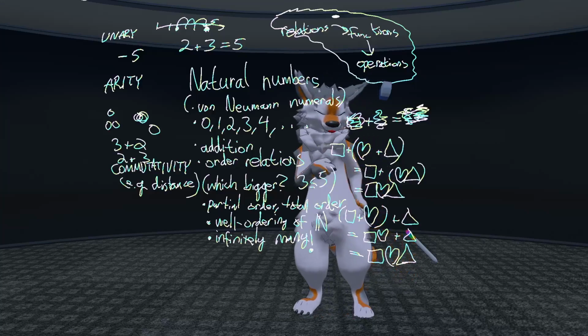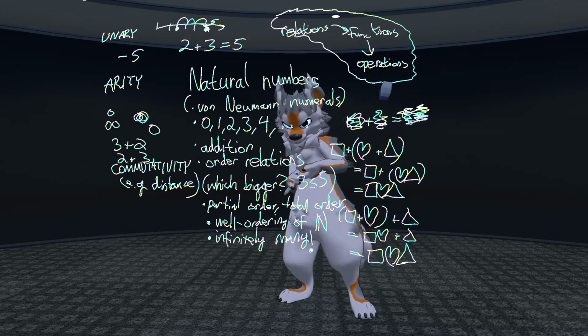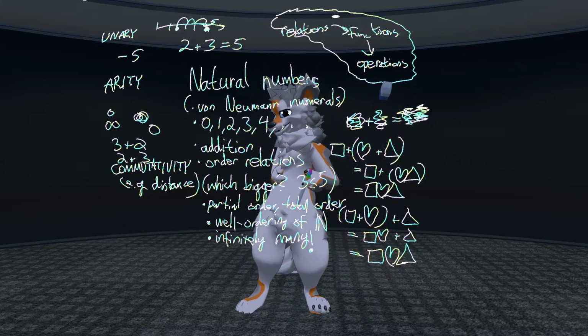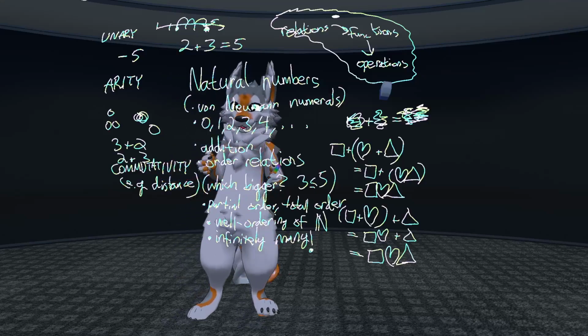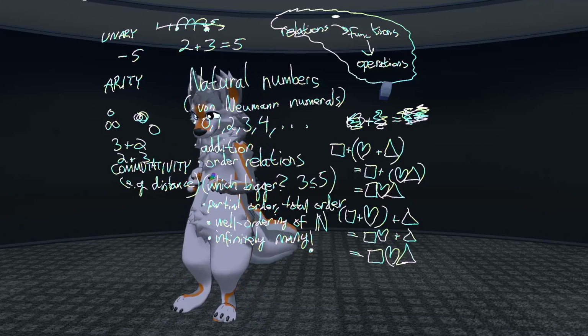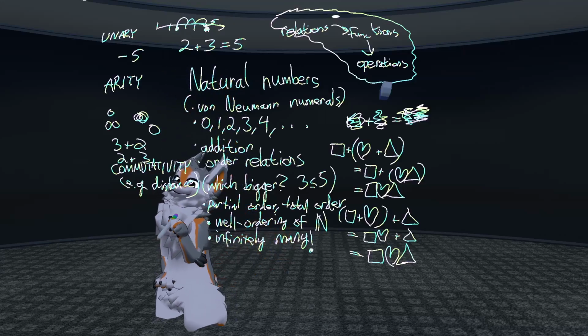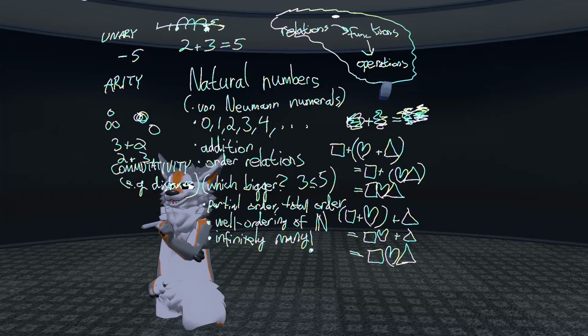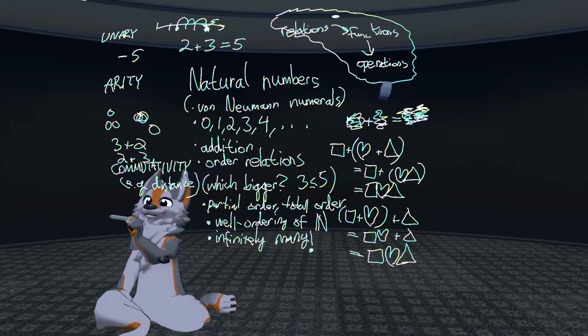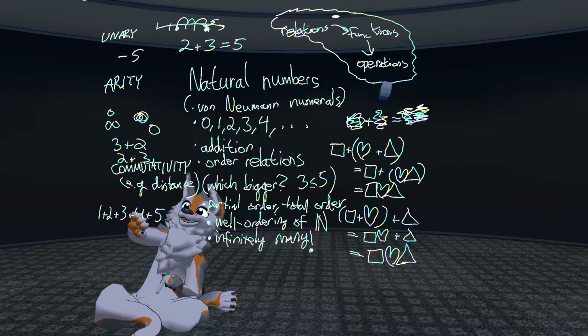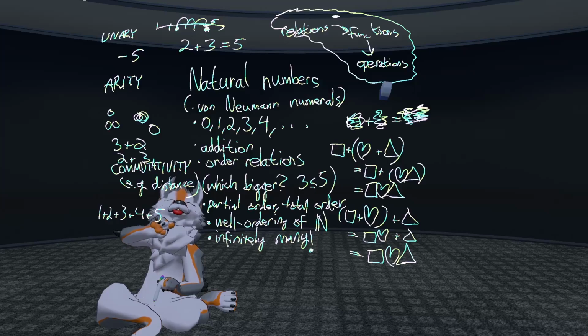But yes, that's associativity. Now, a very freaky thing about associativity, actually, is that if you have a very long expression, so let's say I had 1 plus 2 plus 3 plus 4 plus 5, then, okay, I actually haven't said, or maybe I have said, that addition is associative.